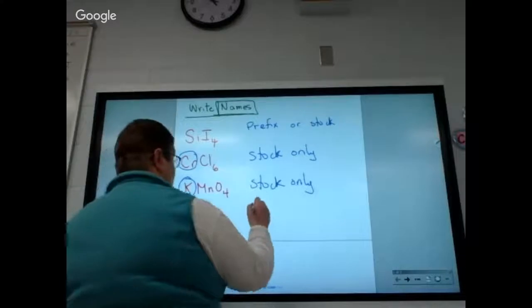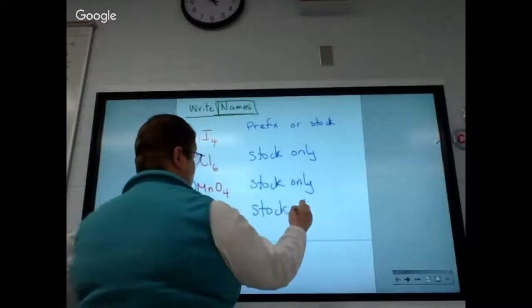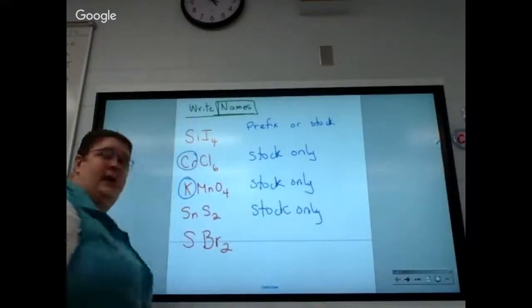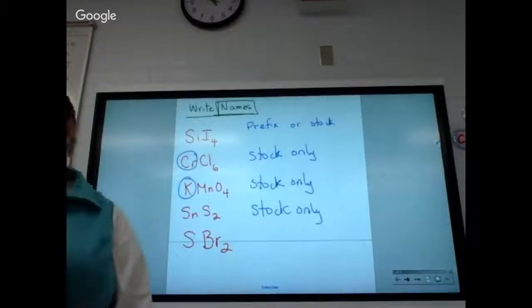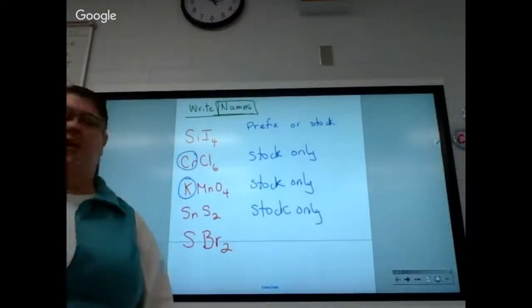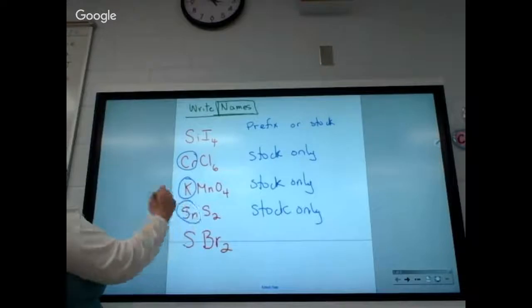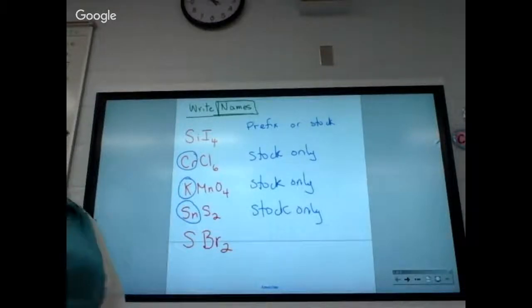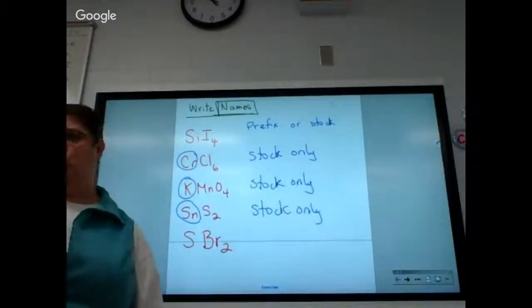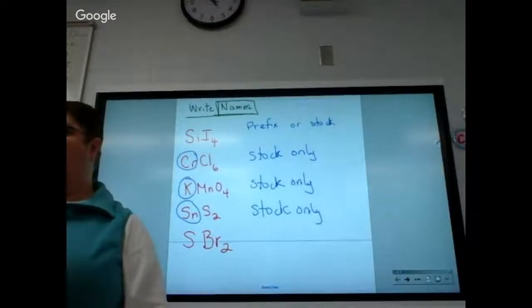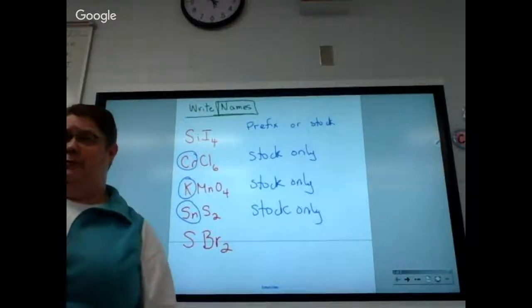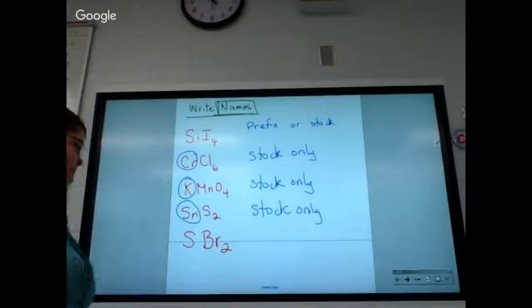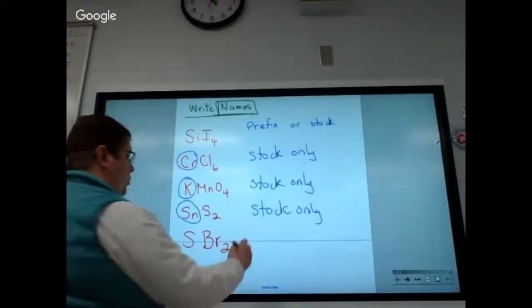Now, am I checking the entire compound? What am I checking? The very first element. Your metal is always front and center. It's always the very first thing. If it's not first, is it going to be a metal? Okay? SBr2.